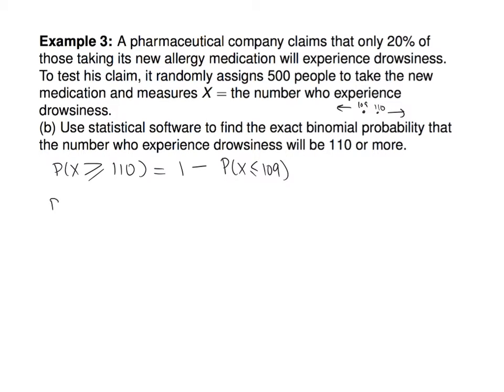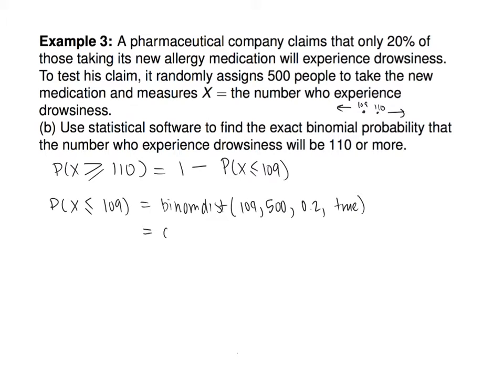Using Excel, we're going to find the probability that x is less than or equal to 109. So that's BINOM.DIST. Our k is 109. Our n is still 500. Probability of success is 0.2. And true, we want the CDF.